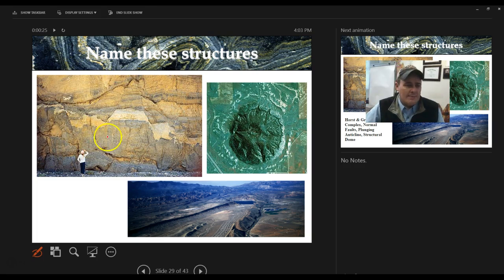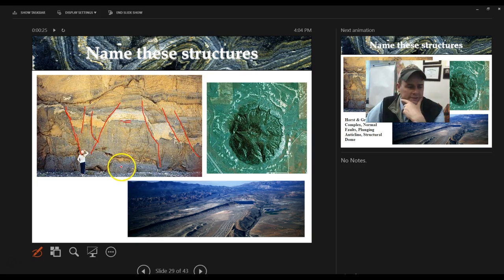So for example, this one. You can see multiple faults here. I'm going to look at these fault planes. Here's this one, because we're using this right here as our marker bed. Here's another one there, another one here, and some other ones throughout.